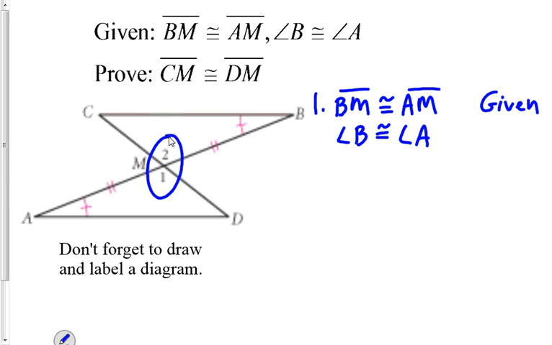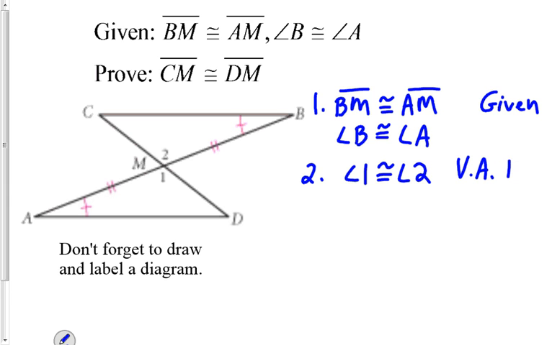Therefore, angles 1 and 2 are vertical angles, and they're congruent by the vertical angles theorem. So, in step 2, I'm going to say angle 1 is congruent to angle 2 by the vertical angles theorem.